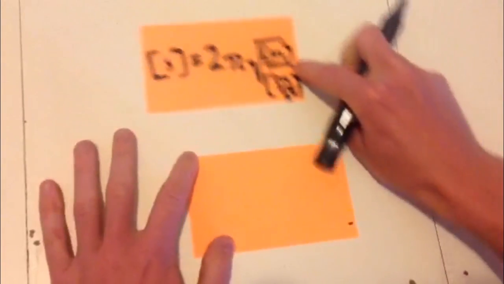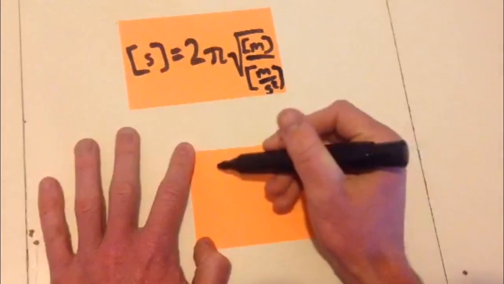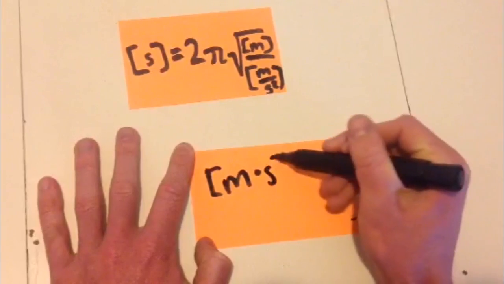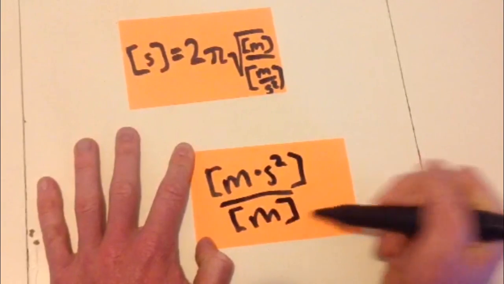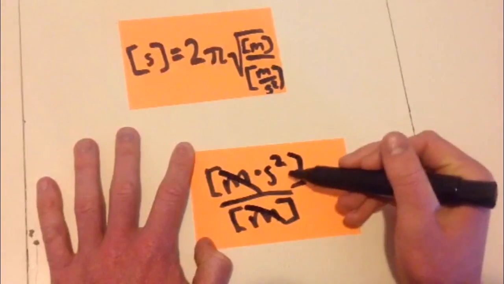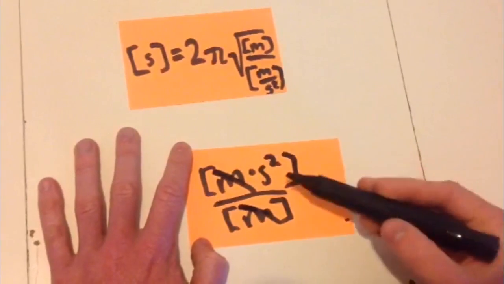In the square root, a meter divided by a meter per second squared is just a meter times a second squared all over a meter. And the meters will cancel, and we end up with a second squared under the radical, which will give us units of a second.